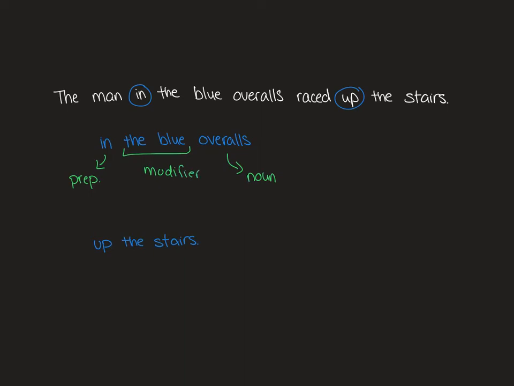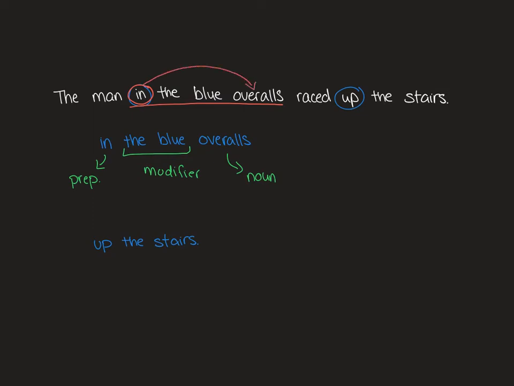So in the examples in your book, your job, and I'm going to do this in red so you can see how you will actually solve these questions, is you would underline the phrase, you would circle the preposition, and then draw an arrow to the noun or the pronoun that is its object.